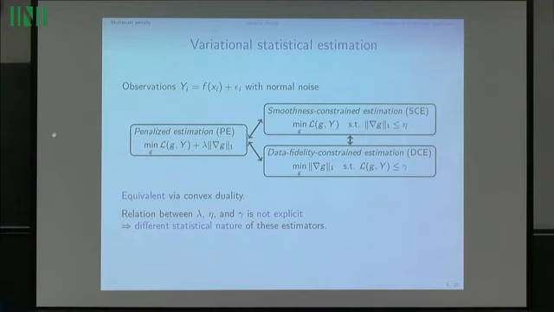Now we could look at the typical penalized estimation, where you minimize a combination of both functionals, in which case you have to choose lambda. Or you could say, I want to minimize the distance to the data under a constraint on the smoothness of the function; I don't want my function to have too many jumps. Or you could say, I want to minimize the jumps of the function by not being too far away from the data, with some weak conditions on the data fidelity here.